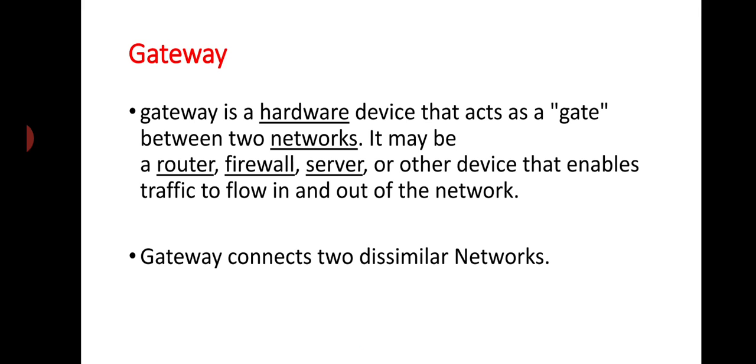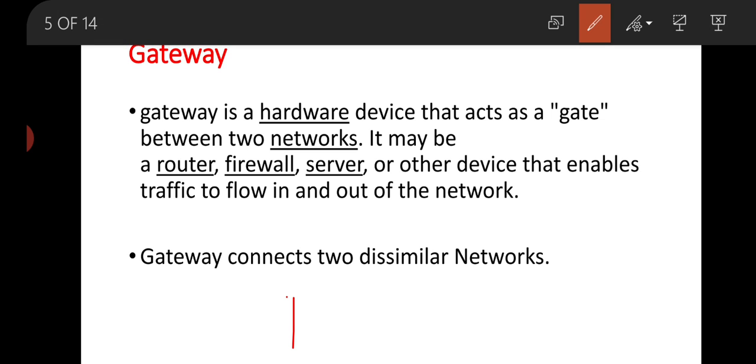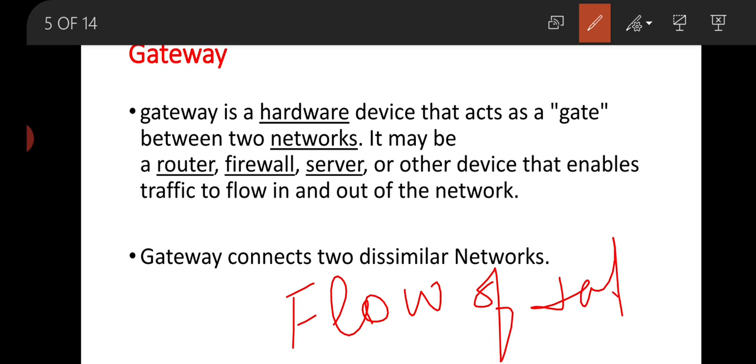That means gateway is used to control flow of data in and out. That means the information which is going to be sent and going to be received, this flow is managed by gateway. Gateway connects dissimilar networks. That means if there are two different types of networks, they can also be connected by gateway.